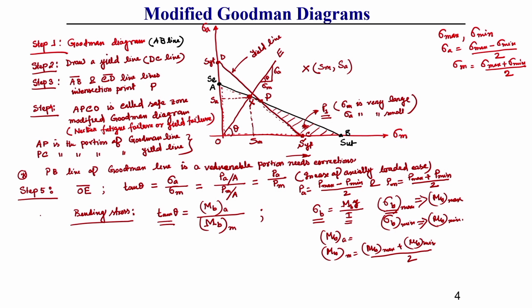Now, for finding out the dimension of the component, step 6 is that we need to find out the x component, that is S M and S amplitude, and we will use these as limiting values. For this limiting value, we did not consider the factor of safety.